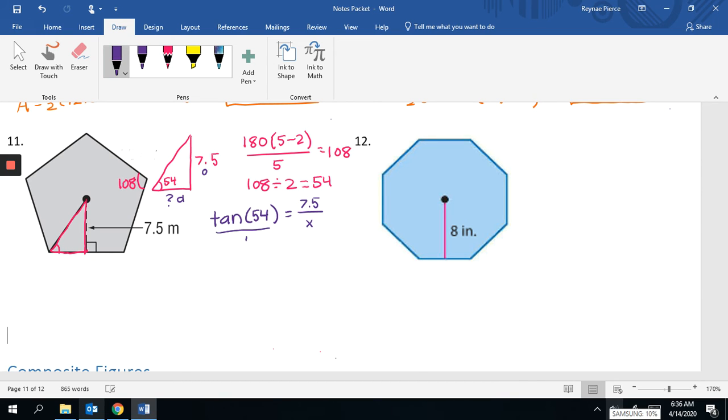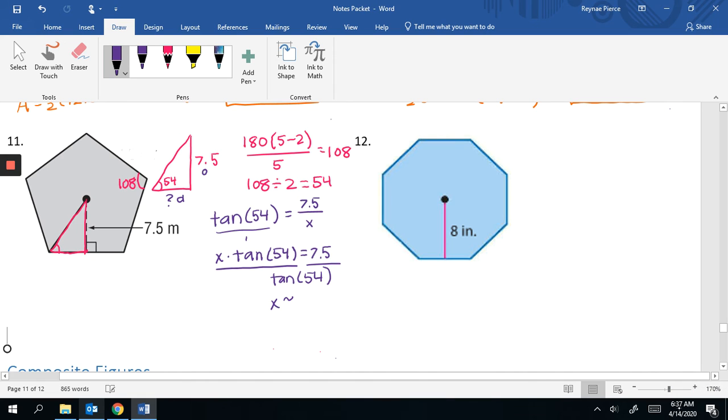So x times the tangent of 54 equals 7.5. To find that missing value, we need to divide both sides by the tangent of 54, which is going to be about 5.45.